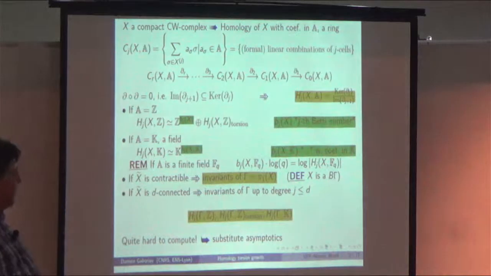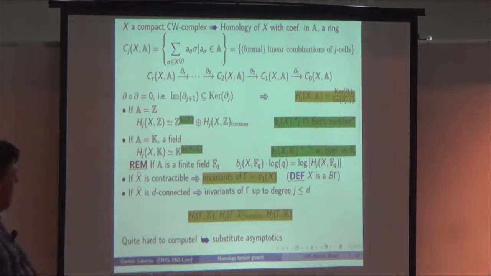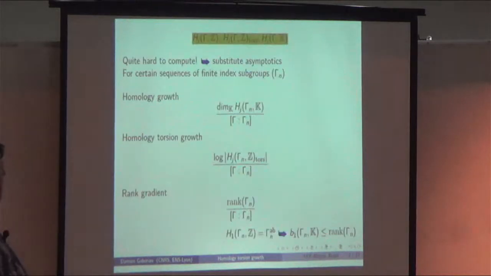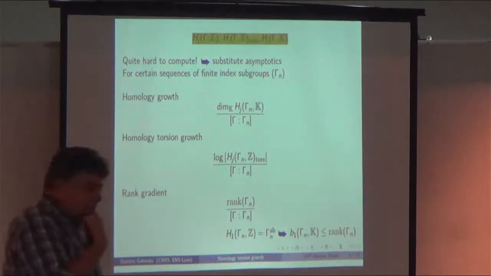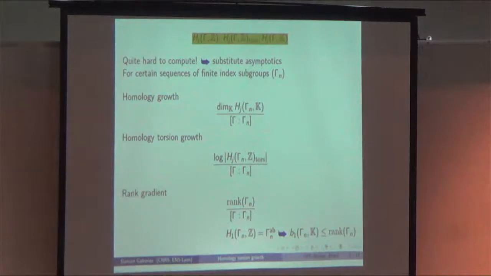Okay, so these invariants are of interest for geometers and also for group theorists. So I said they are hard to compute. And as mathematicians usually do, we change the problem. Instead of computing them exactly, let's consider asymptotics. So, for instance, we consider certain sequences of finite index subgroups.